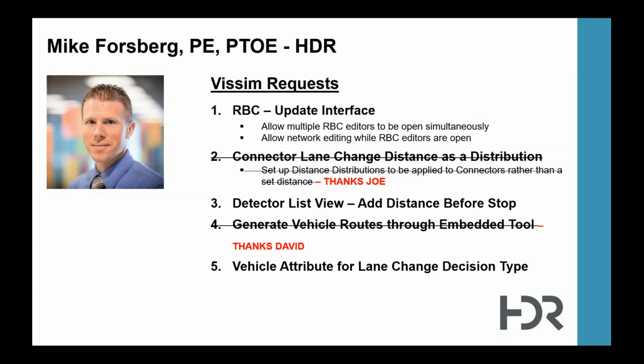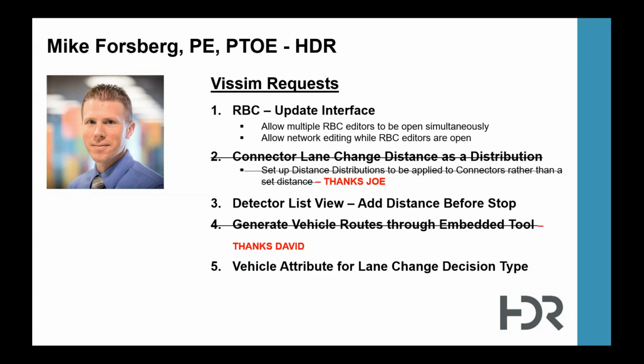If a distribution was used, maybe some kind of feature that automatically generates dummy connectors, and then we'd have to generate duplicate routes and redistribute traffic. It seems like a lot of work to be done through some kind of built-in Vissim tool. It seems like that might be the way we have to continue to go for now, at least.